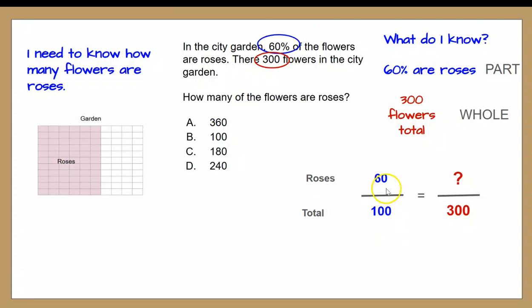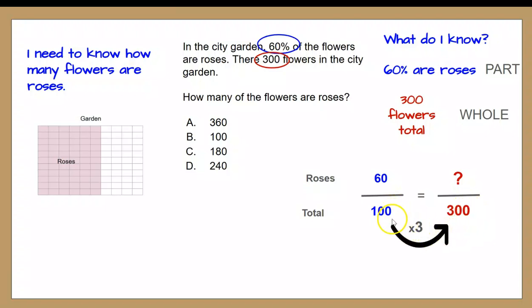Now I'm looking for a relationship between 100 and 300, or within this ratio 60 to 100. I don't see anything really easy between 60 and 100 because I can't multiply by 2 to get to 100, but I look at 100 to 300, and I know that I could multiply by 3 to get to 300.